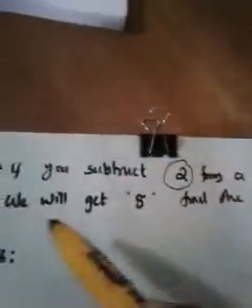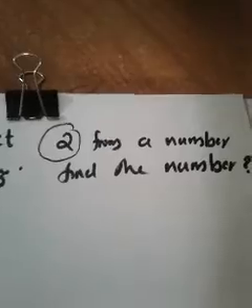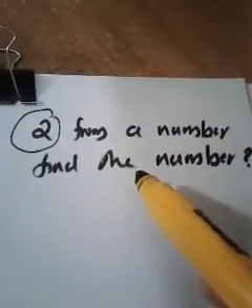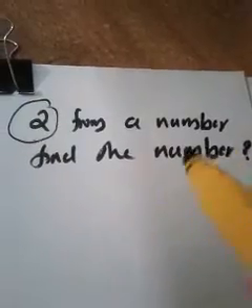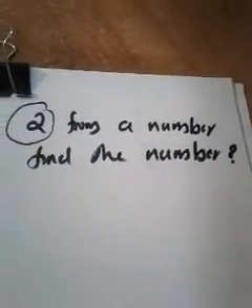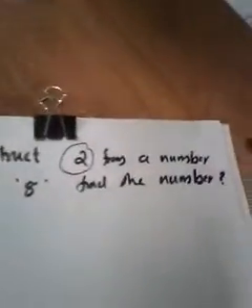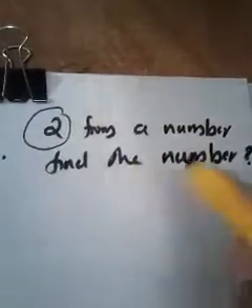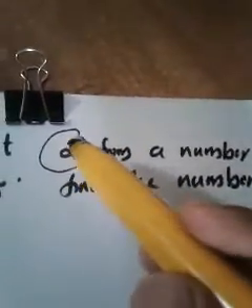So first of all, when you read a question, you are supposed to find out which is unknown. Here the unknown means what? See, unknown means അറിയാത്ത സാധനം. നമുക്കിവിടെ അറിയാത്ത സാധനം ഏതാ? അറിയാത്ത സാധനമാണ് നമ്പർ. ആ നമ്പർ ഏതാണെന്ന് നമുക്കറിയില്ല. So that is known as unknown. So we are supposed to give that unknown some variable, some x or y. Here this number is unknown, from where I am going to subtract 2.